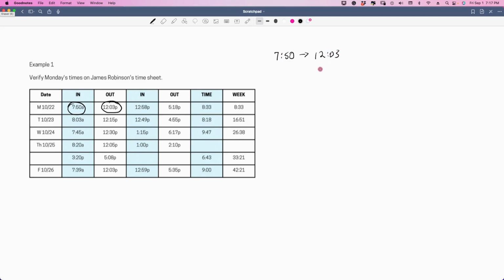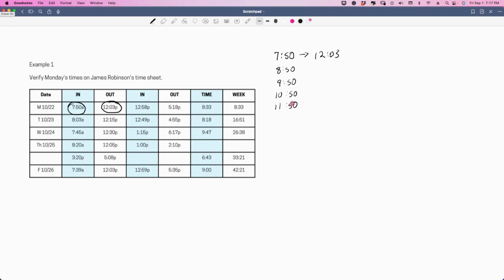So what we have to do is figure out how many hours and how many minutes are from one to the other. The thing that I like to do is go in hour increments. I know that from 7:50 to 8:50 is 1 hour. So that's 1 hour, 2 hours, 3 hours, 4 hours.